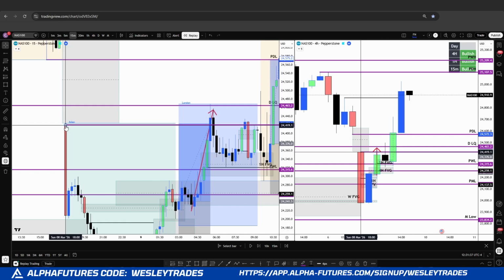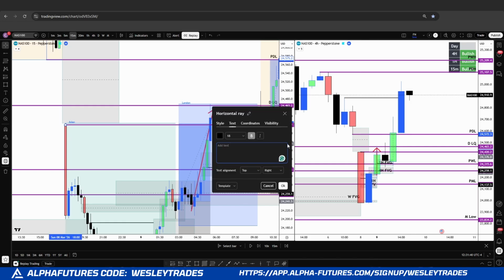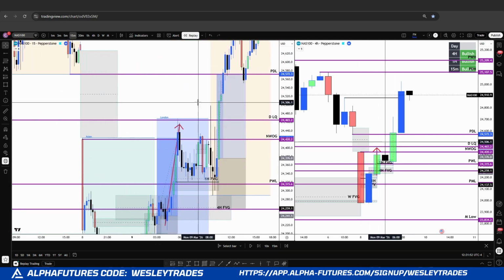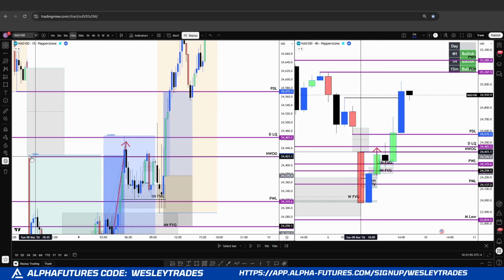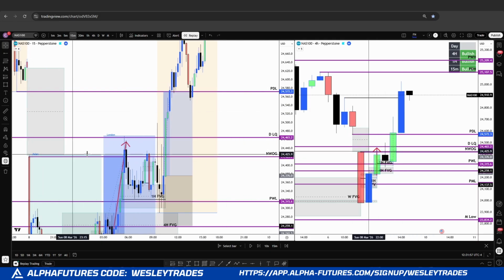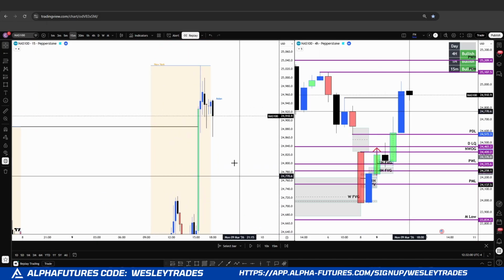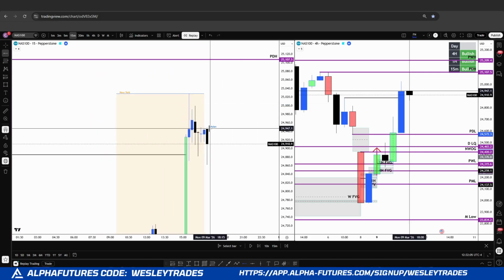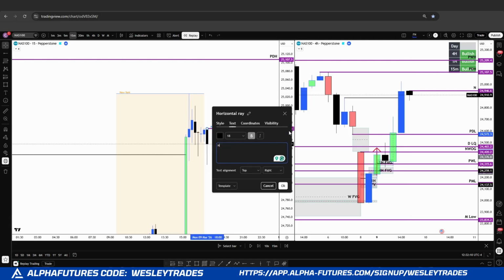So I'm gonna mark this out as the new week open gap, NWOG, since most ICT traders make use of that description. That was also the daily open gap for this specific day. So now we're going to mark out the first daily open price of Tuesday, which is this new day open gap or new day open price.